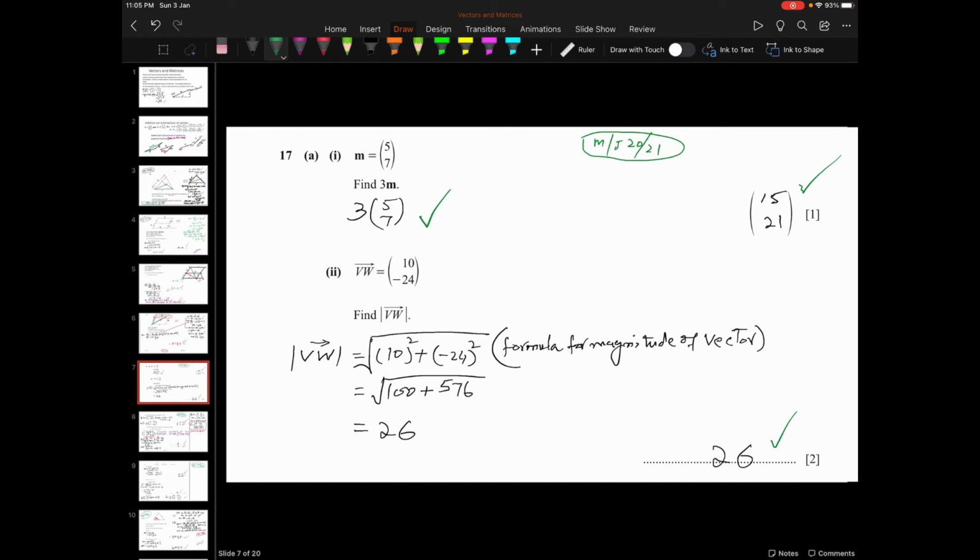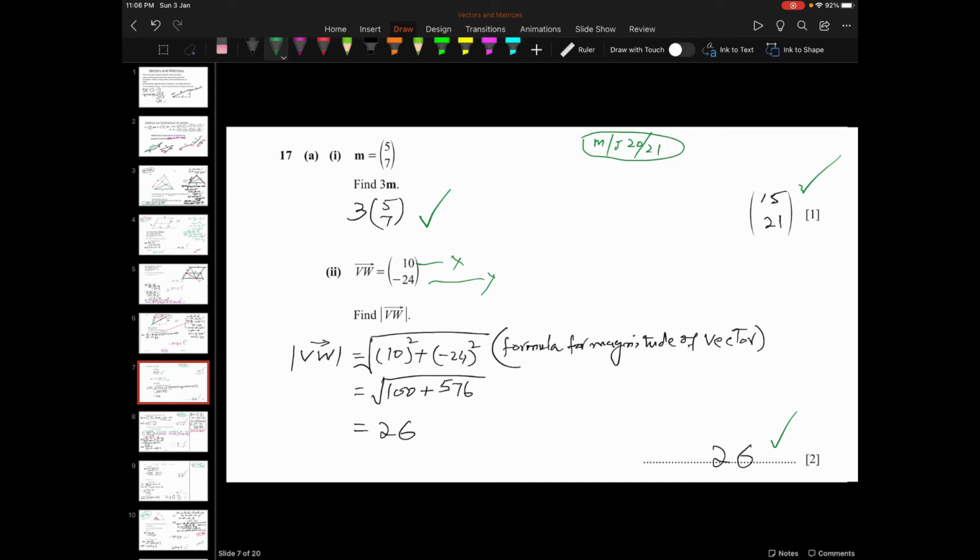Now in second part we should find the magnitude of vector VW, and we are given the value of vector VW which is 10 and negative 24. We already know the formula of magnitude of a vector, which is square root of x square plus y square. Now substitute the values of x and y in the formula.